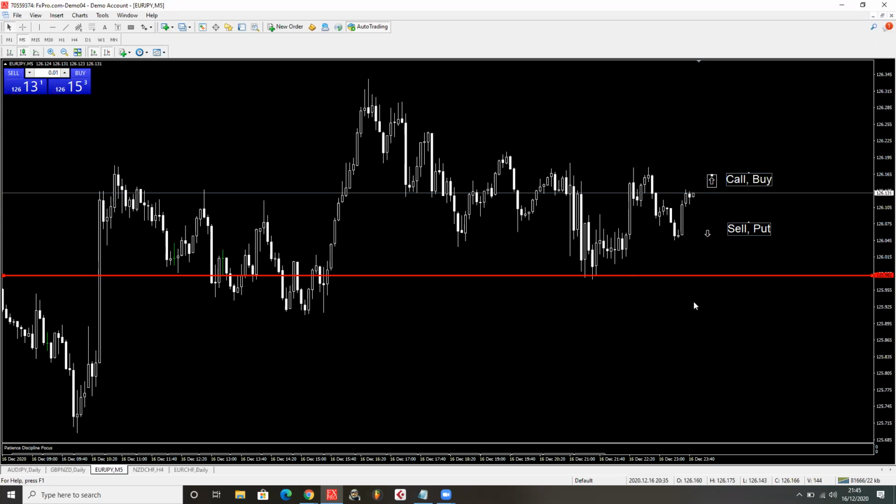Now I want to sell at that point and I want to make £10 a pip. What is the lot size I'm going to enter? £10 a pip. 0.01? No, 0.01 makes 10 cents a pip when it goes down.